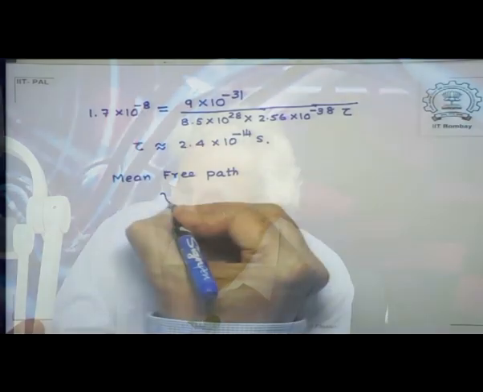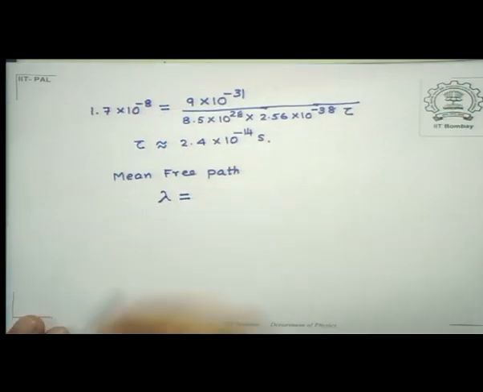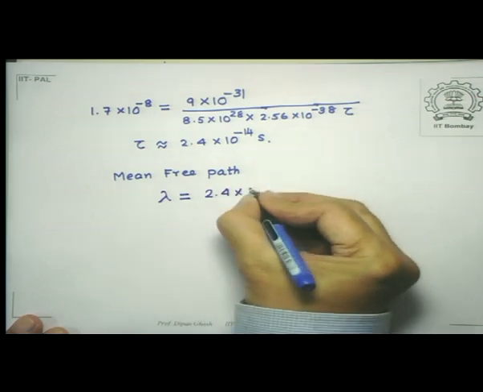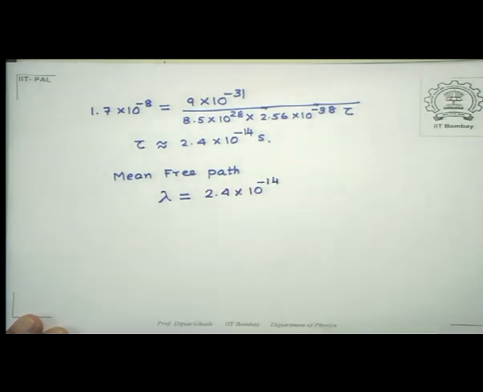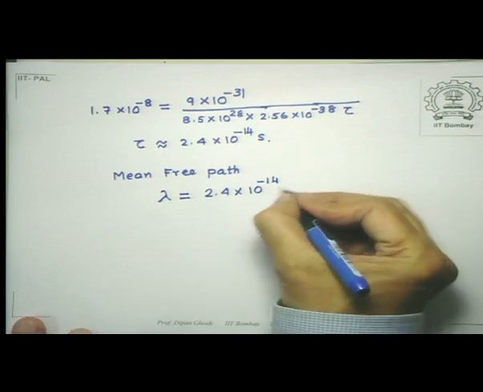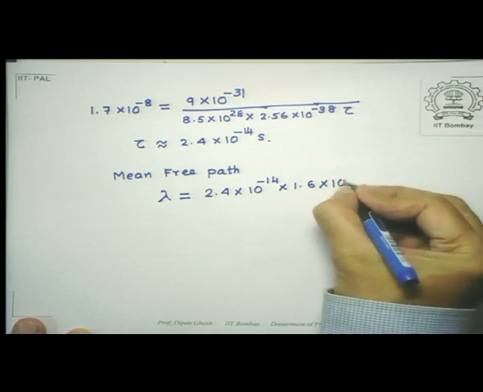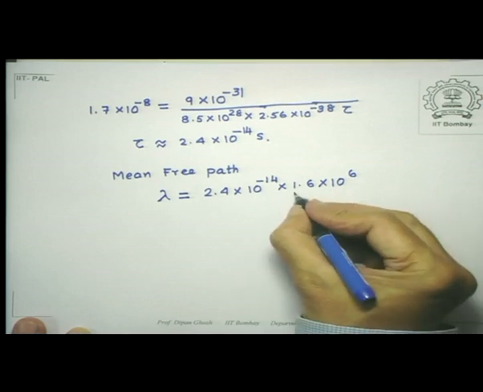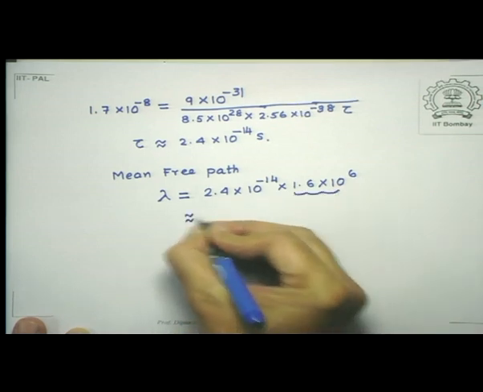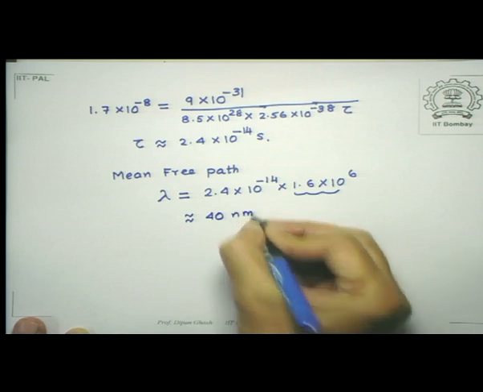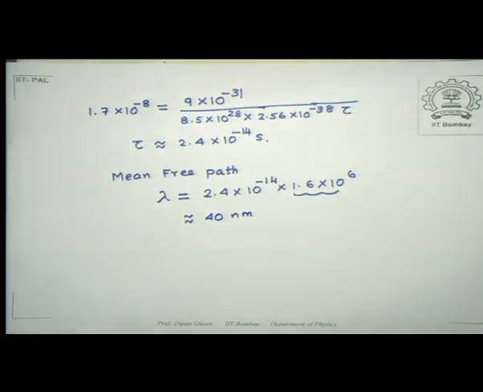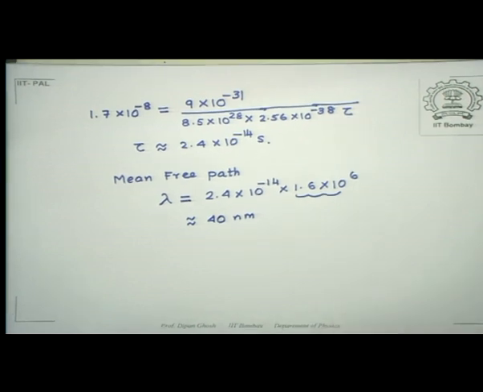Now, obviously, since the time is tau, if I multiply this with the typical velocity of the electron, the mean free path, which is frequently denoted by lambda or even L, is 2.4 into 10 to the power minus 14 times the velocity of the electron, which is of the order of 10 to the power 6. Let me take 1.6 into 10 to the power 6 meter per second, a typical speed of electrons, and that happens to be about 40 nanometers. So, this is the distance that an electron would move without suffering another collision.